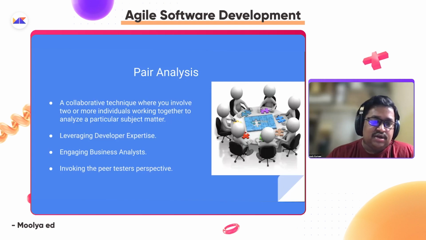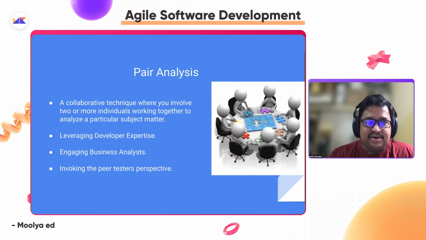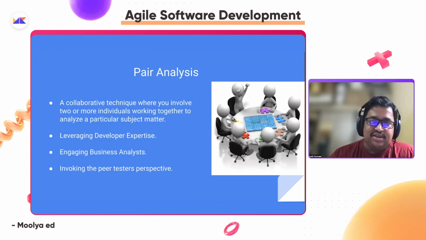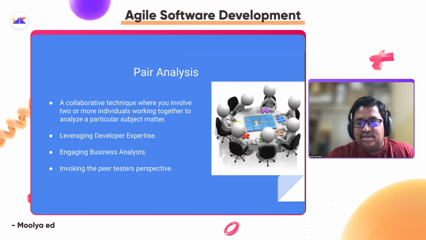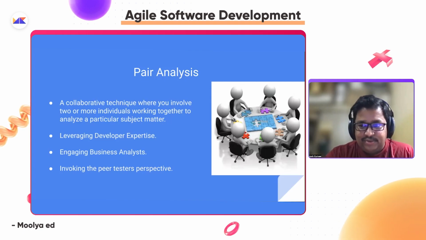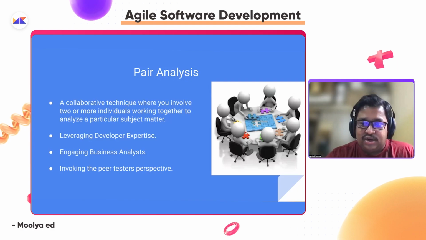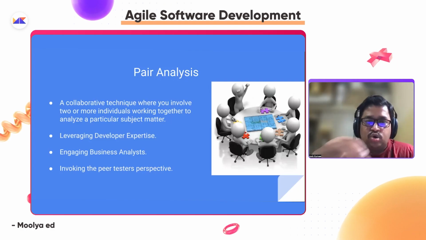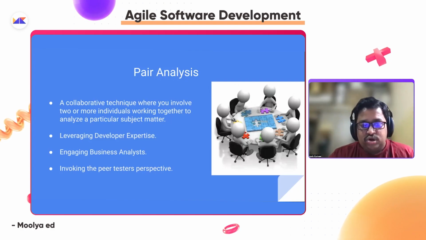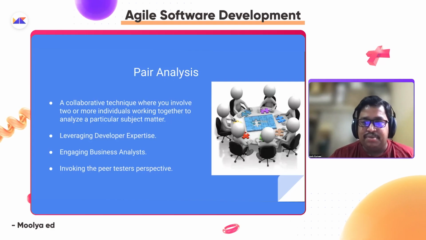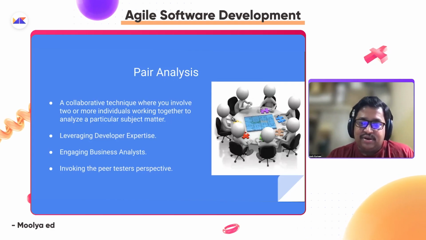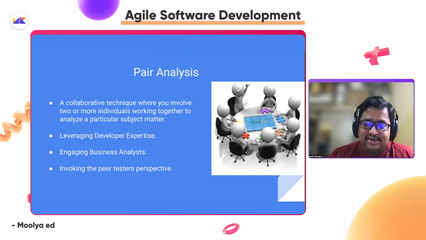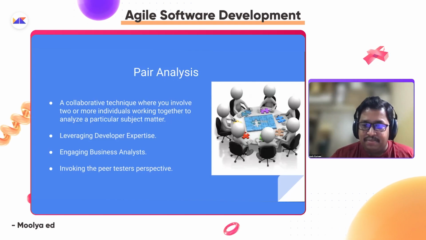You can have a session together with the developer and tell him, these are the test data I'm going to use, and these are the test case ideas I have. Is there anything else I need to add to test this? Those analyses will give you a clearer understanding of how it is implemented. The developer will explain from their perspective the technical implementation and how they implemented it, and which test data makes sense.